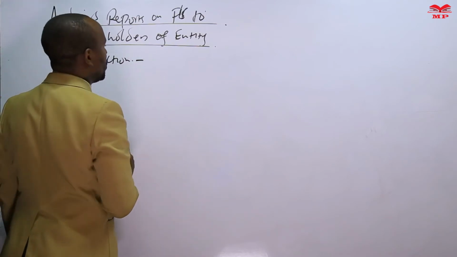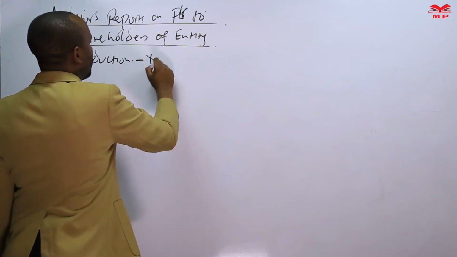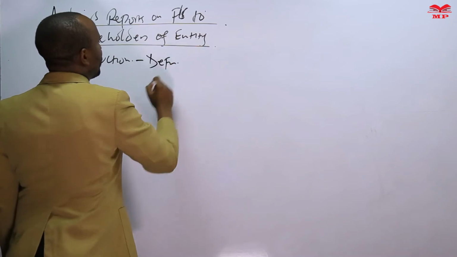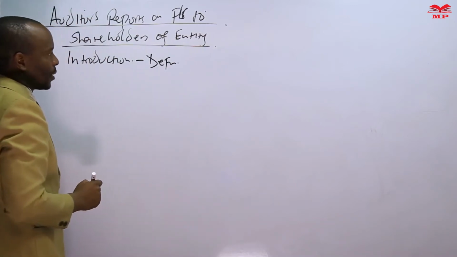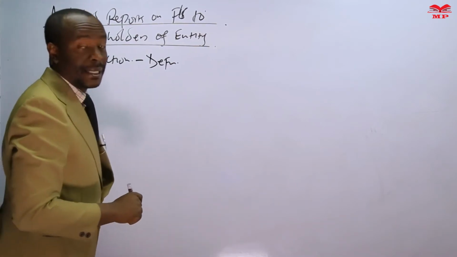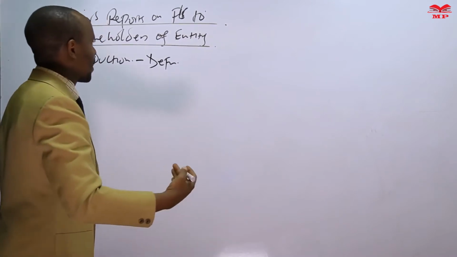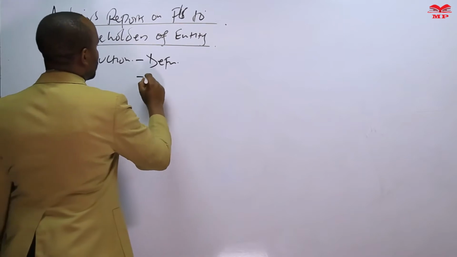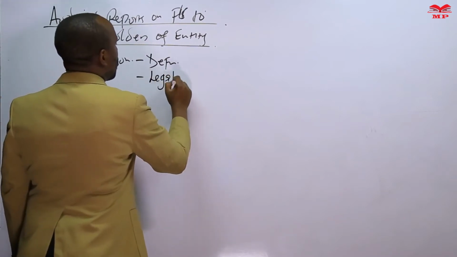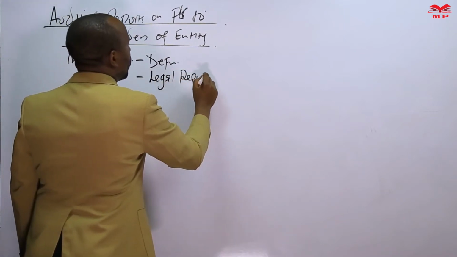One will be issues relating to the definition or description of the auditor's report. Because the auditor's report is a requirement of the law, to be specific the Companies Act, it is important we look at the legal requirements of the auditor's report.